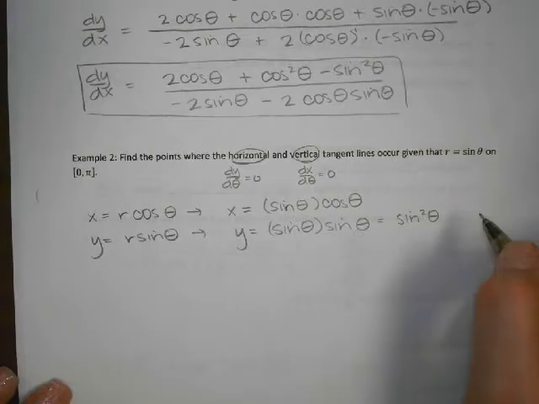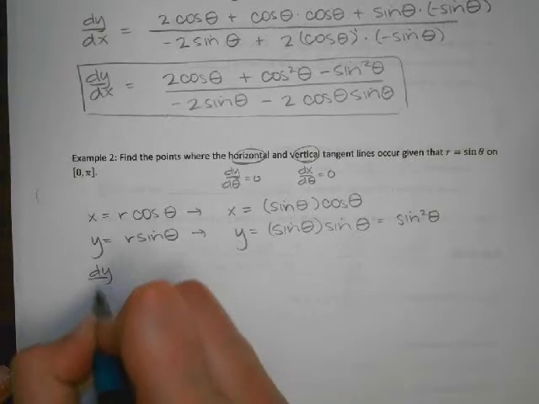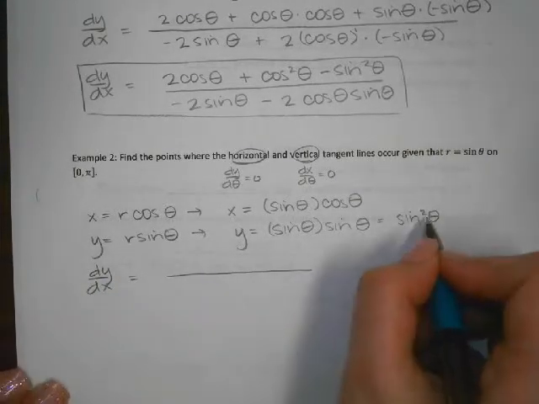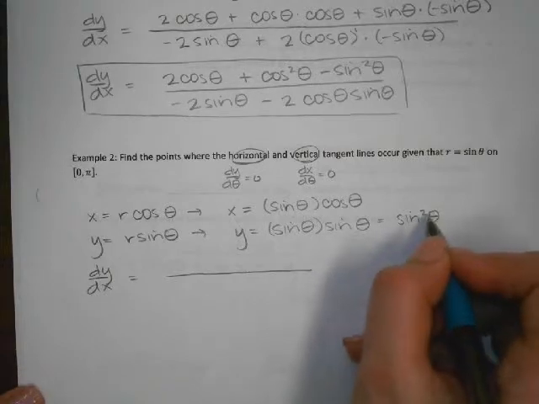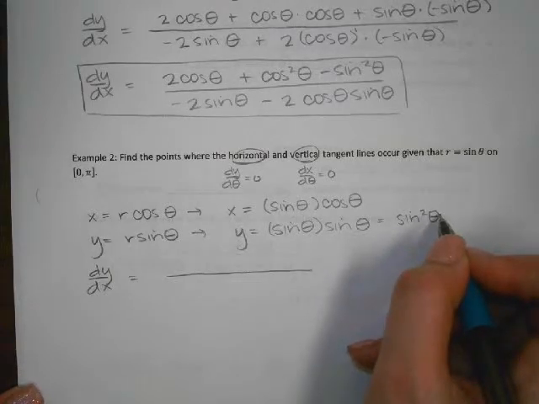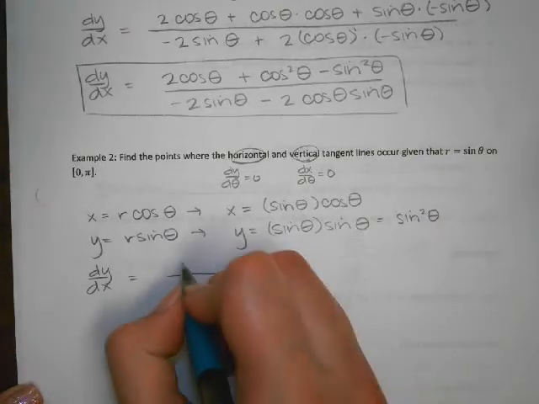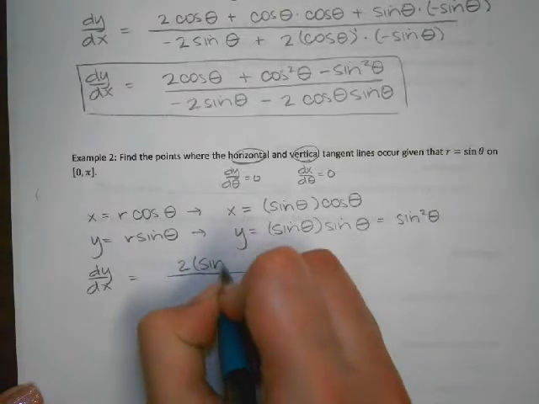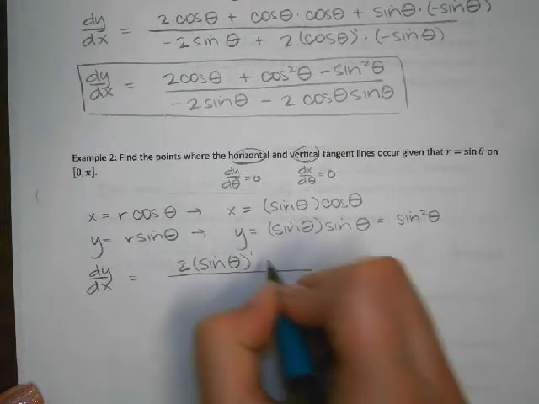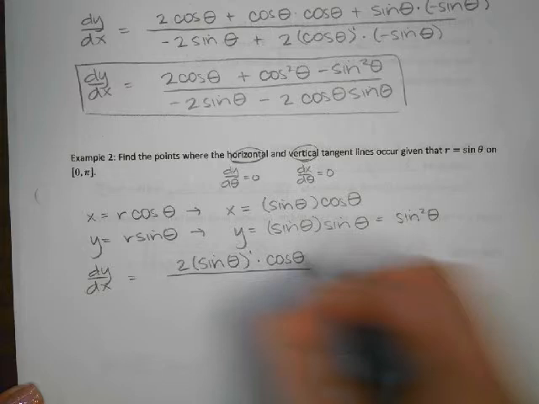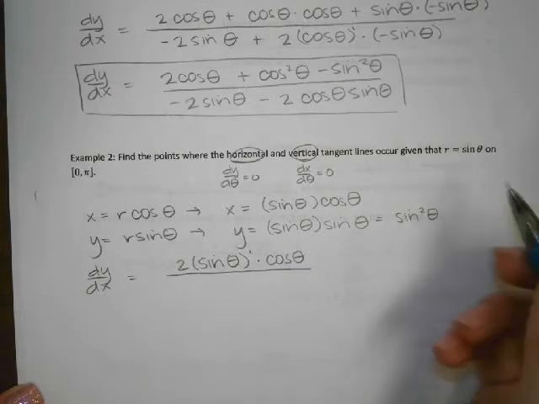Okay, so my dy dx is going to be y prime divided by x prime. So for y, I have that chain rule. I have to think about sine theta in parentheses with the squared on the outside. And so that gives me 2 times sine theta to the 1. And then if I multiply by the derivative of the inside, I get cos.